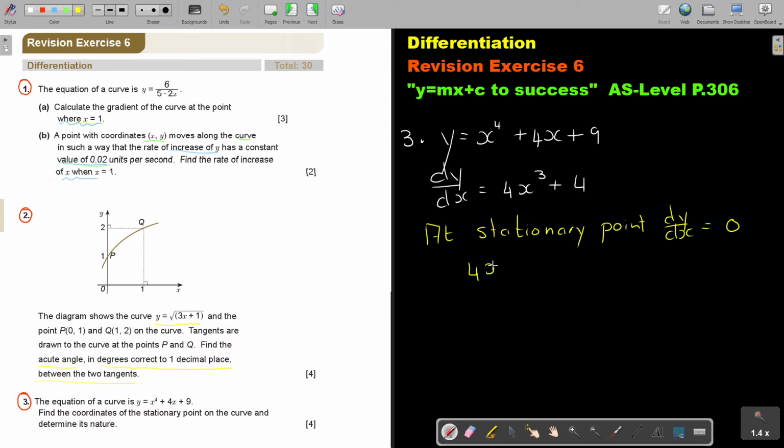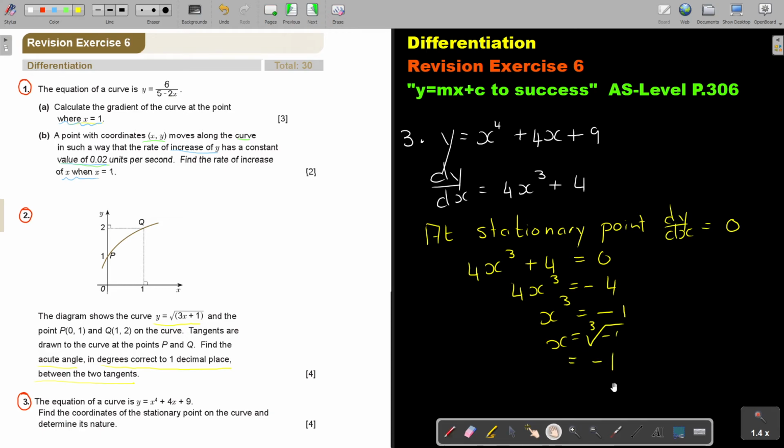So 4x to the power 3 plus 4 will be 0. So 4x cubed equals negative 4. So x cubed equals negative 1. And if I take the cube root, then it's just going to be negative 1.